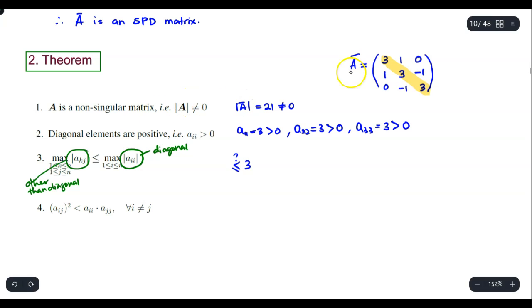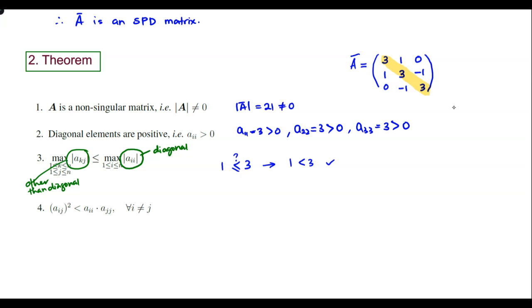We have elements at the upper part as well as the lower part. The maximum out of the upper and the lower part is positive 1. Clearly 1 is less than 3, so we are okay with that. We satisfy condition number 3.